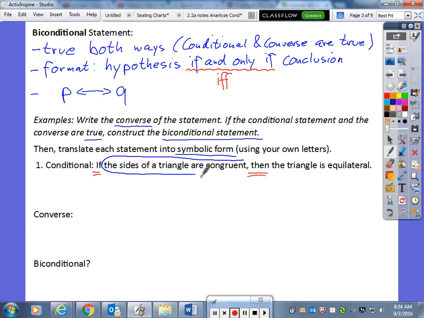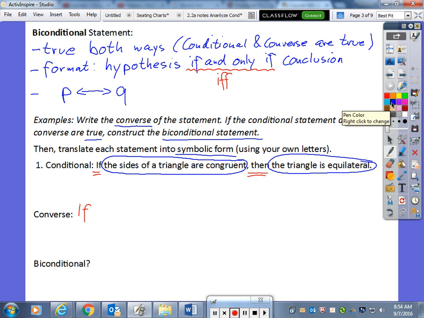Remember, we mark our hypothesis and our conclusion. For our converse, think about our sneakers that make us move around. We are going to move and switch the hypothesis and the conclusion.